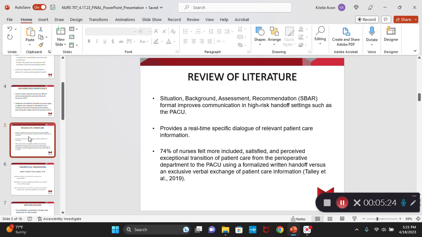A comprehensive review of the literature was performed to analyze evidence-based supportive data related to the implementation of a standardized handoff tool to improve communication between perioperative personnel and PACU nurses.